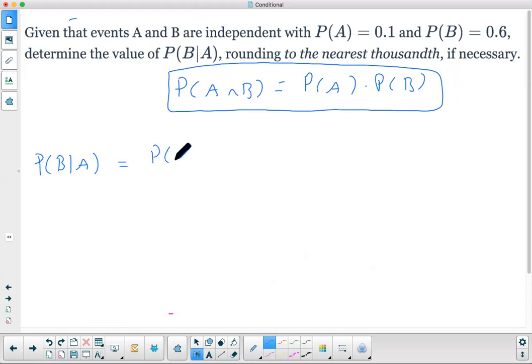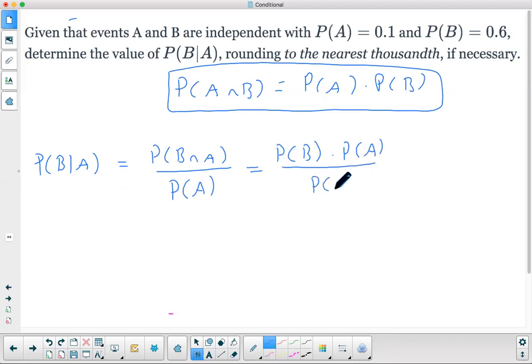Probability of B given A is the probability of B and A over probability of A. But since the events are independent, we can rewrite the numerator as the probability of B times the probability of A. And we've got the denominator as the probability of A. And these can divide to make 1. So the probability of B. So if they're independent, this formula holds true.